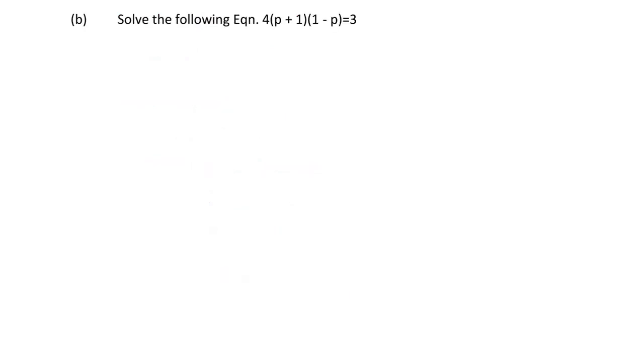Part B of the question, solve the following equation. So we've been given that equation. Okay, so for this one, first we are going to expand our right hand side. So our equation is going to be 4 in brackets p minus p squared plus 1 minus p equals 3.